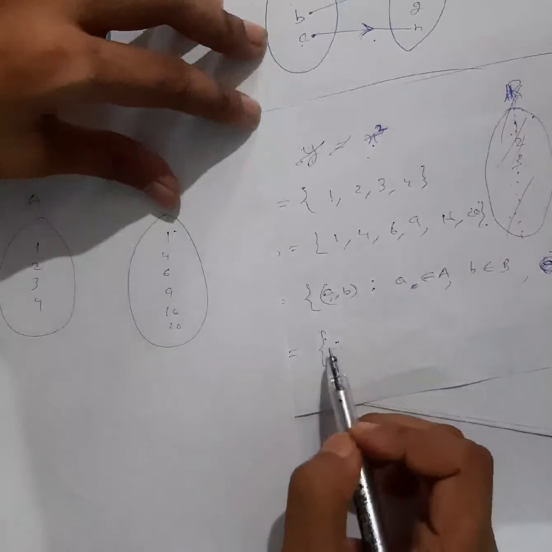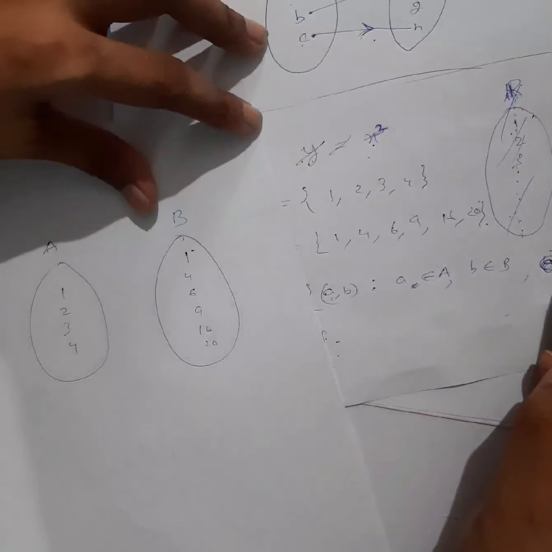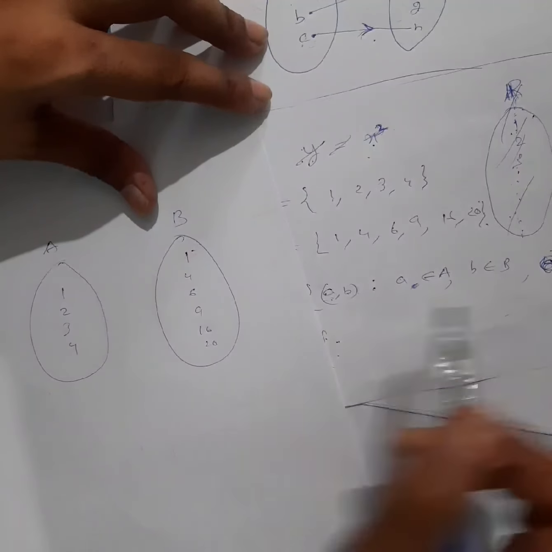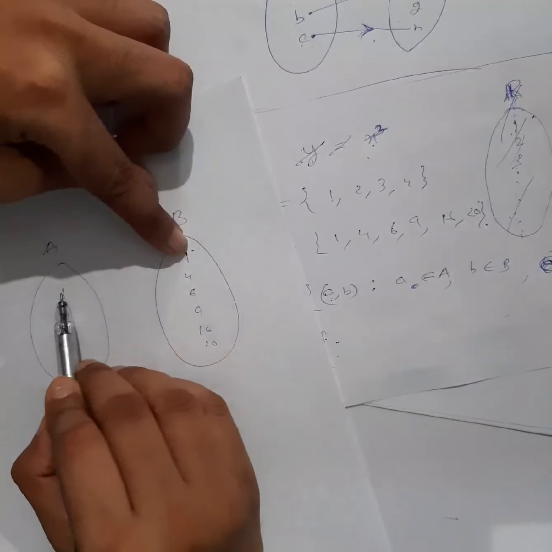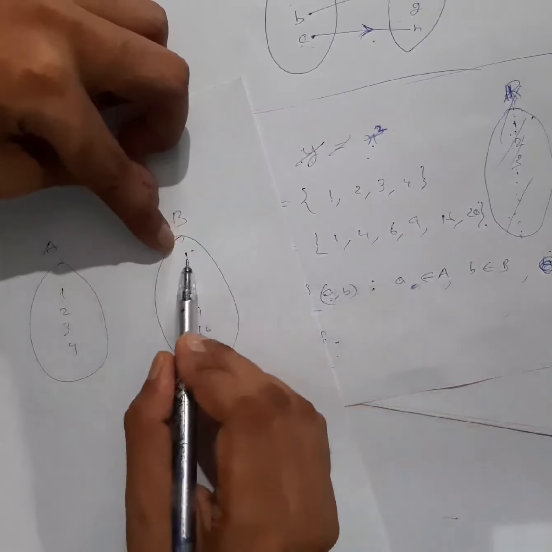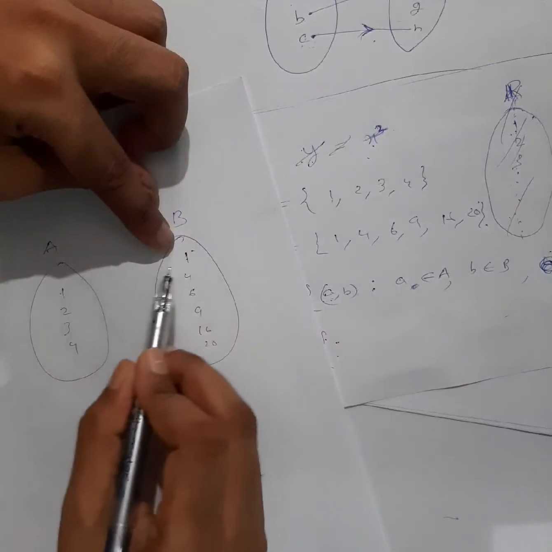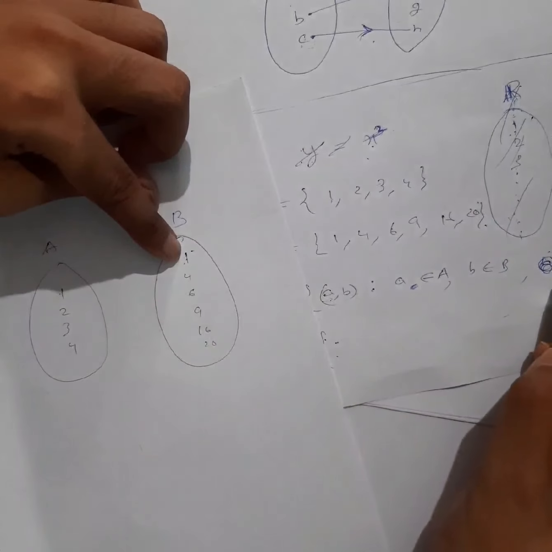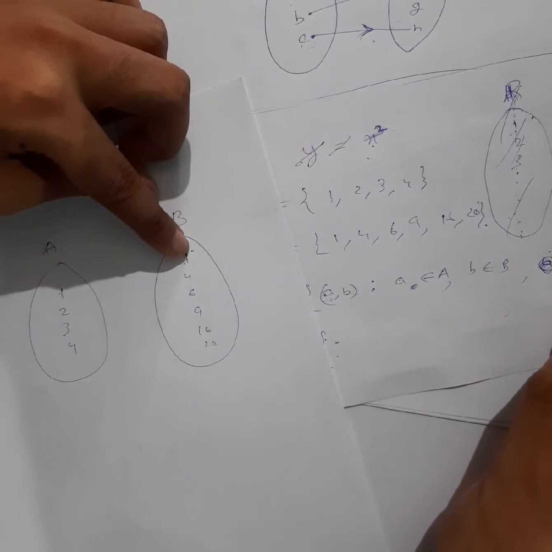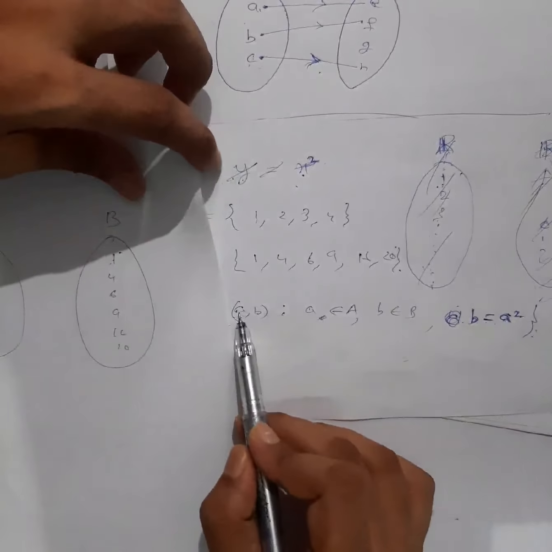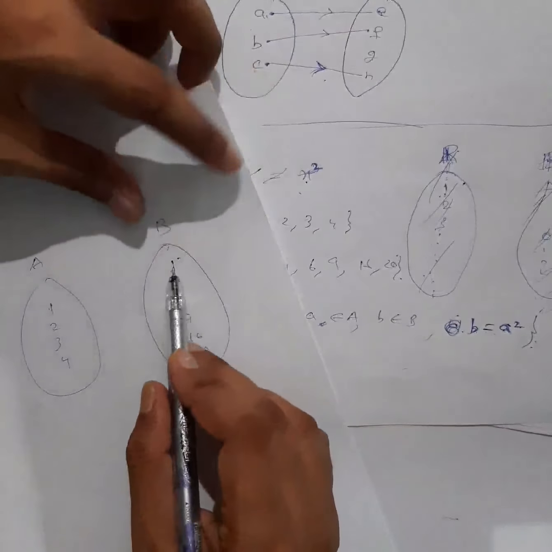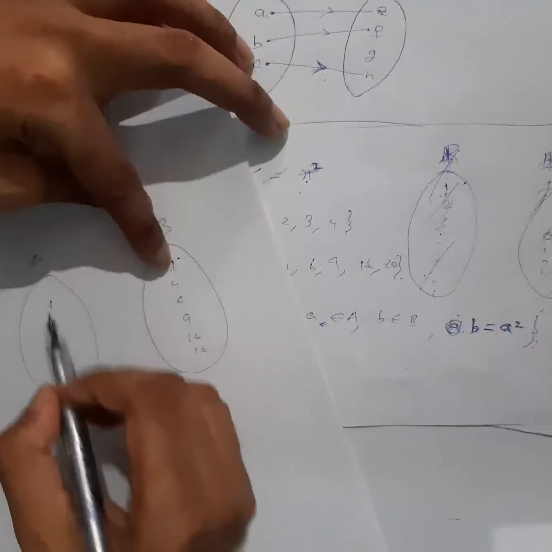So when I have to write down the relation set, how will I write? The relation is b equal to a square, means this element b must be the square of the first element, right? I hope you have understood why I'm saying first element, because a is from the first set. So this is its square, one by one I will check.